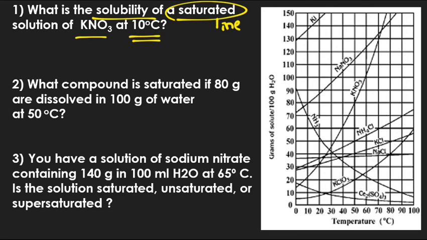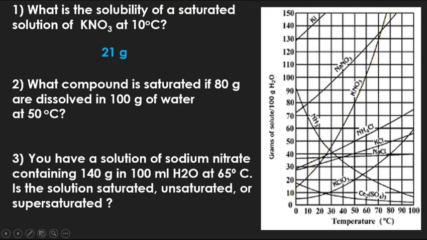Well, I'm going to go find my KNO3 line and then find 10 degrees Celsius. And if I follow that up to my KNO3 line, it is going to hit just above 20 grams. And that is the solubility of KNO3 at 10 degrees Celsius. That tells me how much will dissolve, about 21 grams.